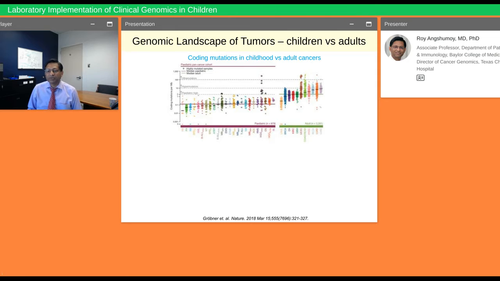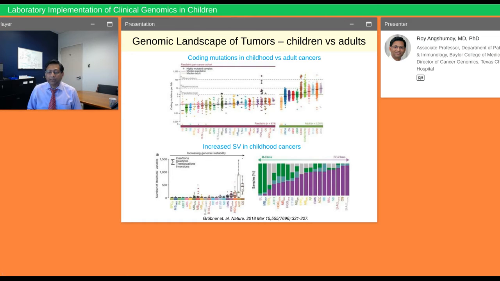This paper is merely emphasizing that this is true and significantly lower in most of the pediatric cancers that were studied. Having said that, you can also see towards the right of that horizontal purple bar that some of these cancers can have very high rates of mutation, sometimes even as high as adult cancers to the right. These are often referred to as pediatric high or hypermutated, or even ultra-hypermutated, depending on the total number of mutations.